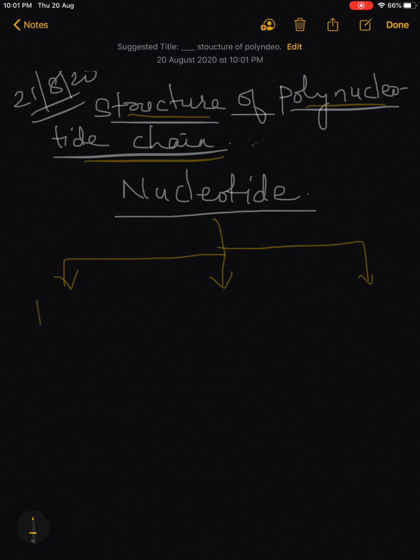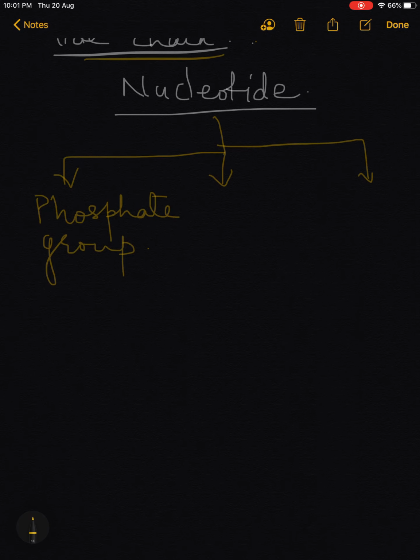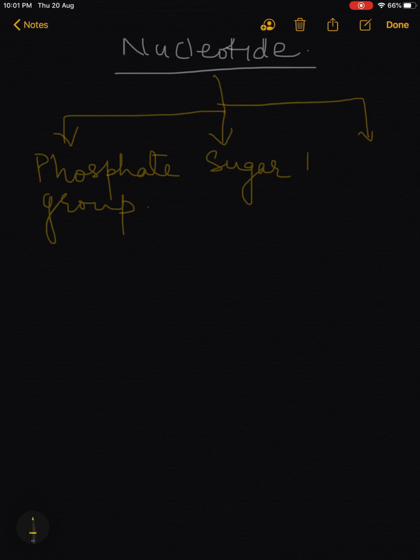The first one is a phosphate group, the second one is sugar, and the third one is nitrogenous base.